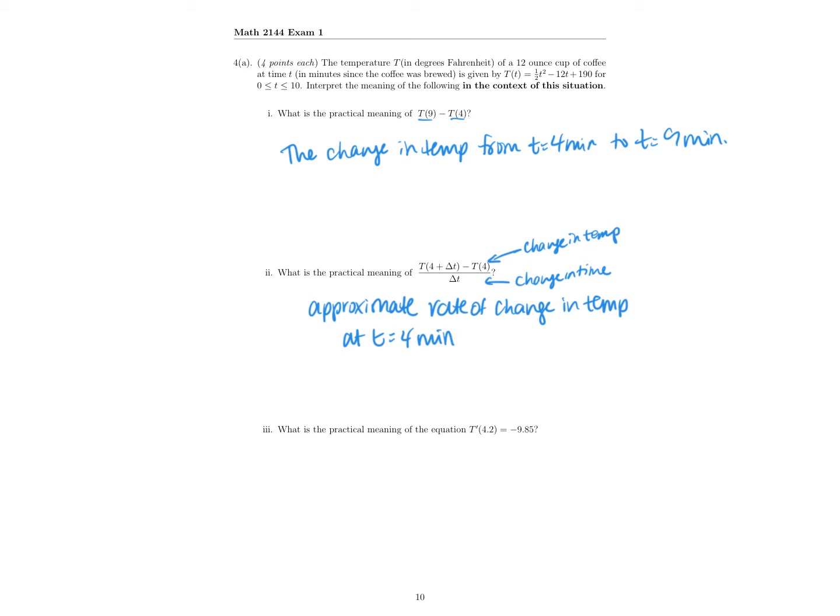And the rate of change is measured in degrees Fahrenheit per minute, because t is measured in minutes.